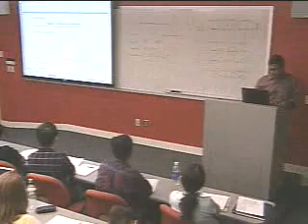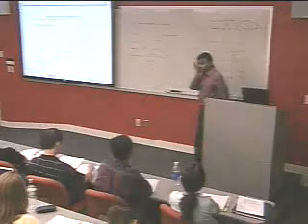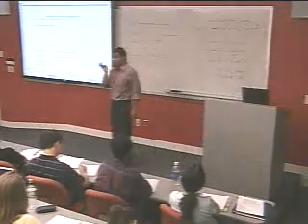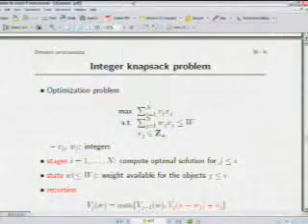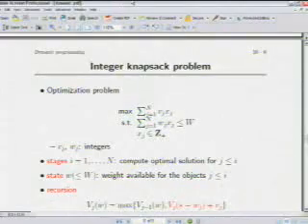This is an integer knapsack problem. Did Ali get around to doing 0-1 knapsack? Yes. So this is a generalization of that, where instead of having just 0-1 variables, we are going to have integer variables.